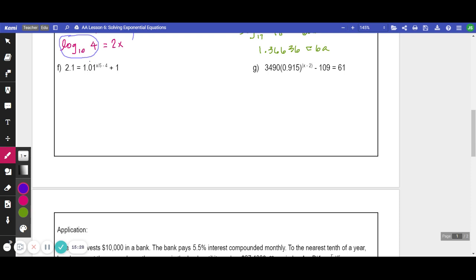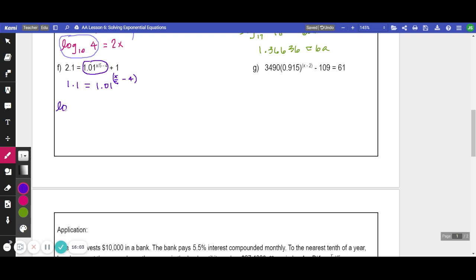Okay, so in this one, this whole thing has the exponent. The exponent is x over 5 minus 4. So I need to move the 1 first. I'm going to subtract 1 from both sides, and I get 1.1 equals 1.01 to the x over 5 minus 4. Okay, so step 1, isolate that thing that has the exponent. Step 2 is to rewrite it, convert it to a logarithm.